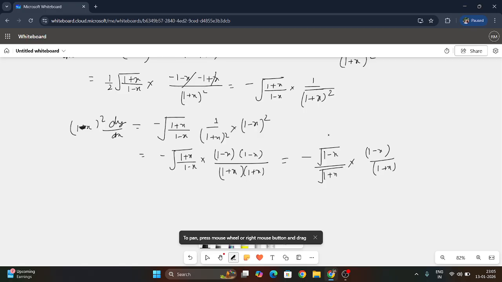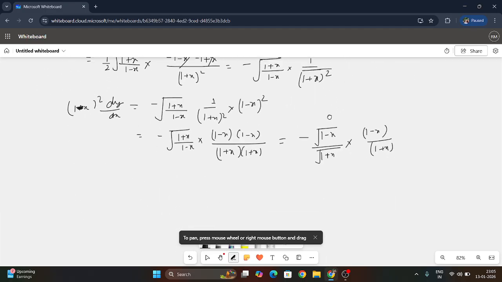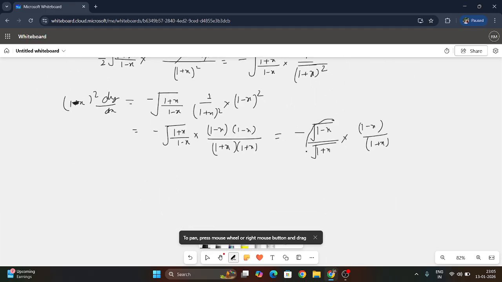Okay, so this is y. As you know, this is the y, so this is y, this is y, so minus y and (1 minus x) by (1 plus x). So you can solve it further, and you can get the answer of this. It's now going to be very easy. I hope that you can do it.